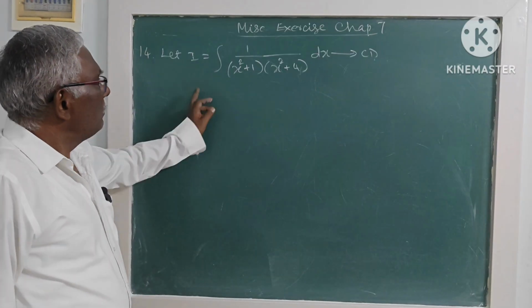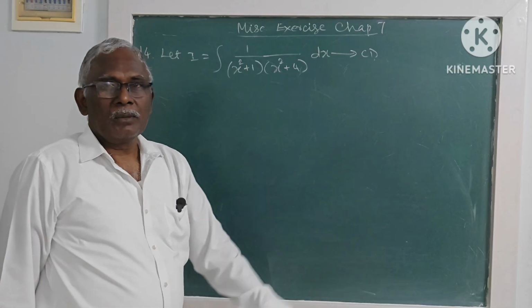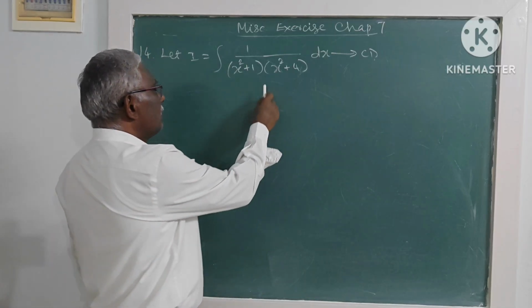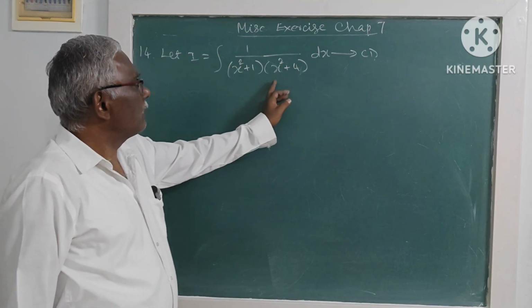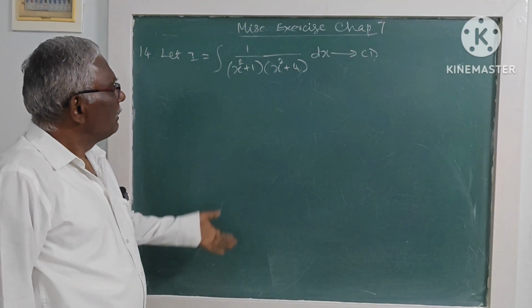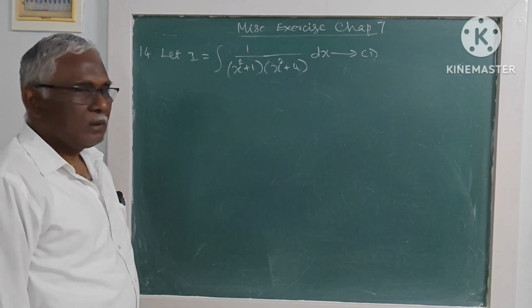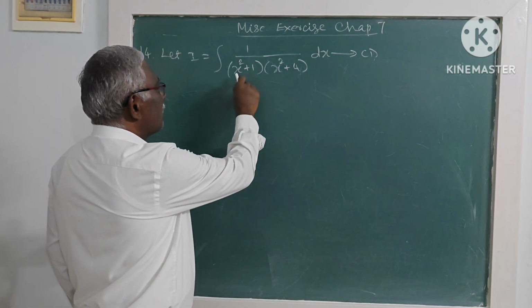See this problem, integral dx by x square plus 1 into x square plus 4 is there. x square plus 1 cannot be factorized further, x square plus 4 also cannot be factorized further. Then we can use partial fractions. But before that, we can take x square as y.